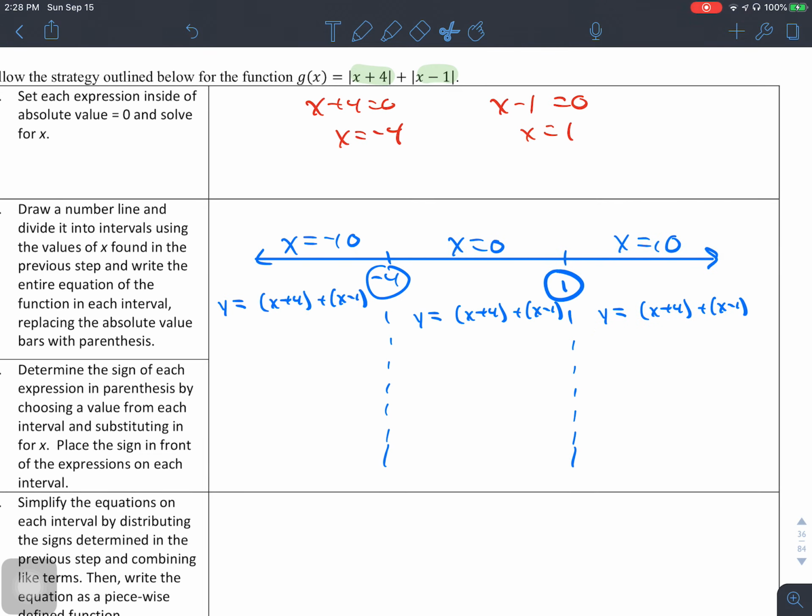All right. Step 2 is draw the number line, put the numbers on that you found as solutions from step 1. Throw some test points in there, 1 from each interval. Rewrite the equation 1 time per interval, replacing the absolute value bars with parentheses.